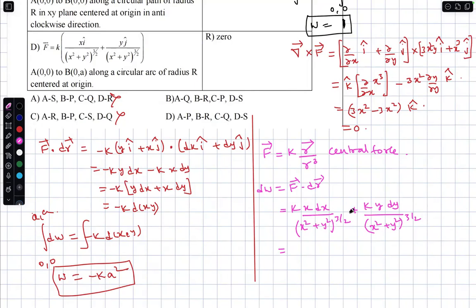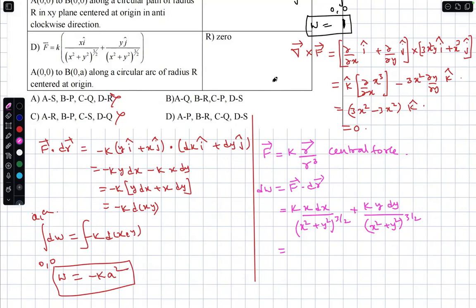Okay. Now here, this is how you will have. Actually, this is a conservative force, and you are moving it along a circle, meaning path independent. It depends only on the initial and final points.